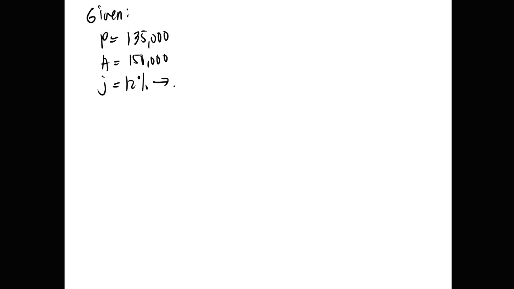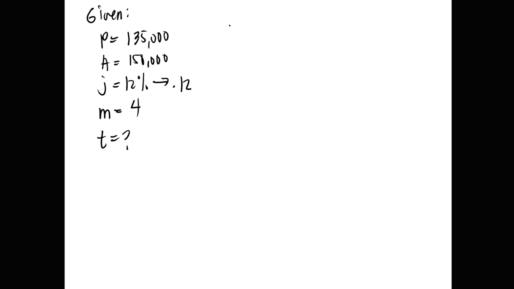So given is, ayan, we have P, which is 135,000 pesos. A, or the future value, which is 150,000 pesos. Nominal interest rate, we have 12%. Convert it into decimal, that is 0.12. And then, compounded quarterly, so M will be equal to 4. And we are solving for the time.